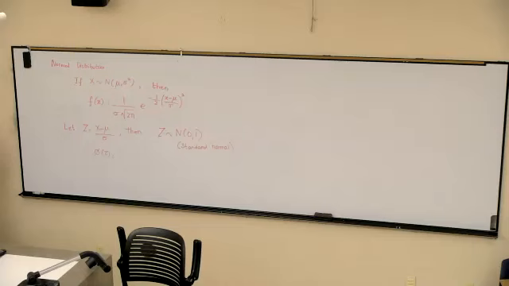No. What is the density phi of z? I've given you the density for a normal mu comma sigma squared. I would like to know the density of a standard normal.